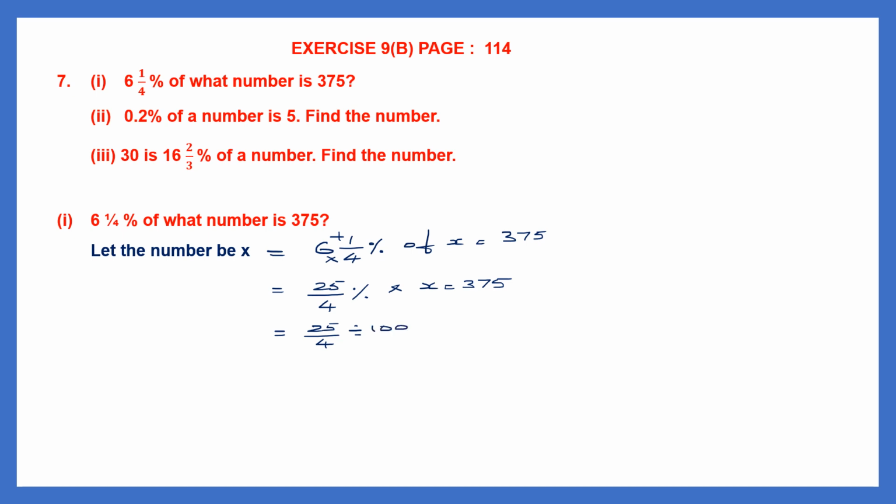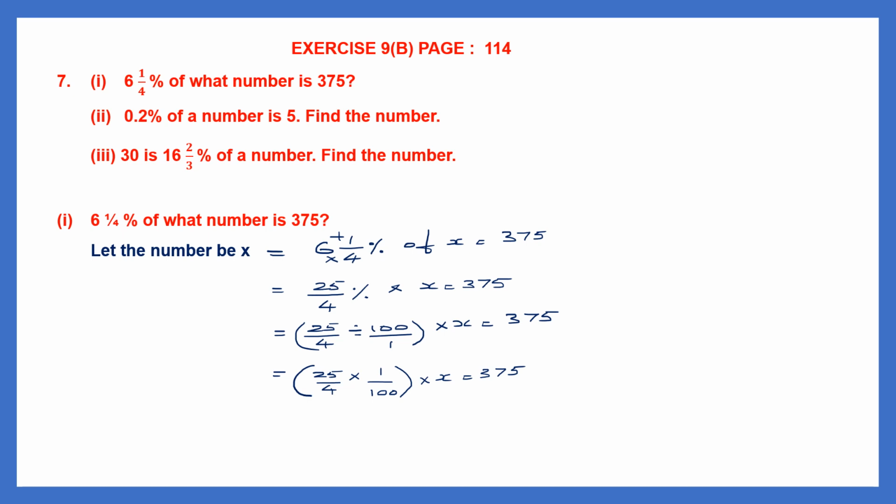So we'll make this division by 100/1. We'll put this within brackets into x is equal to 375. We'll continue. 25/4 we write as it is. Division changes to multiplication. 100/1 becomes 1/100. And here we continue with into x is equal to 375.